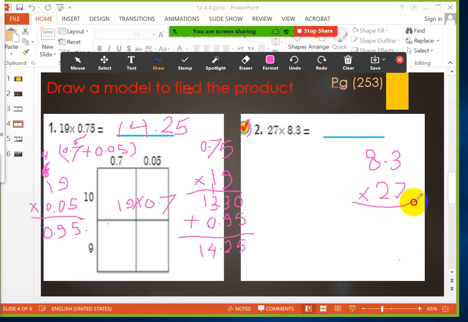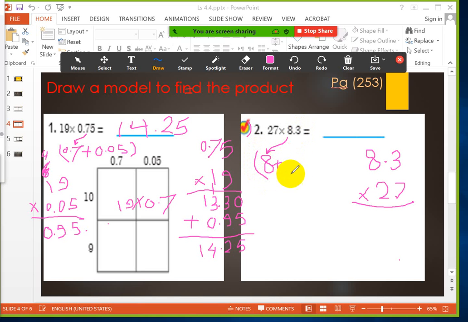First thing, what is the value of the 8 in the ones digit? Write your question, Lana. What is the value of the number in the ones digit? The value of the number in the ones digit equals the same number. The same number, that's mean 8. What is the value of the 3 in the 10th digit?